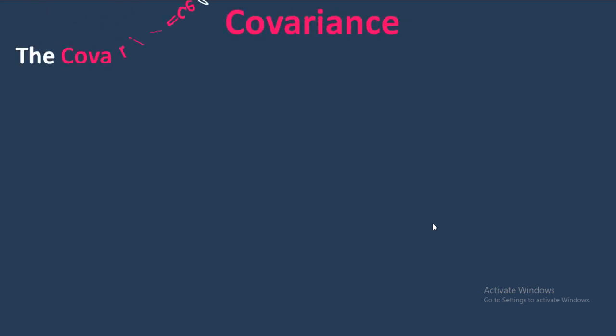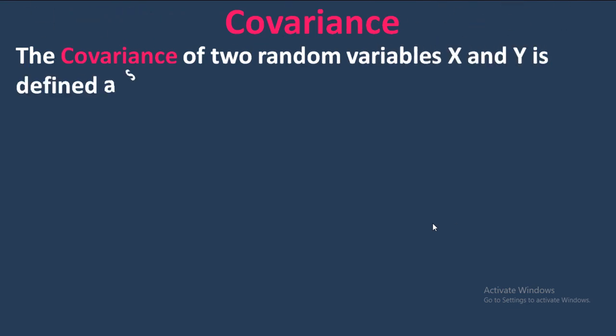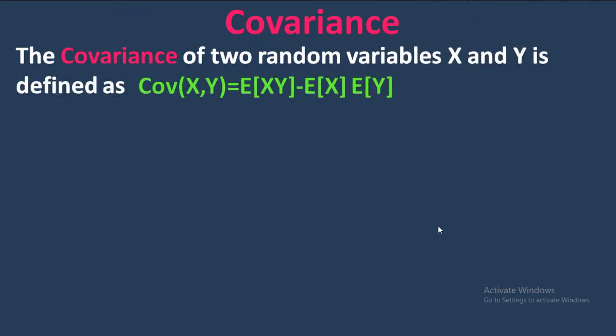Now, we will study the covariance of two random variables. The covariance of two random variables x and y is defined as covariance of x comma y is equal to the expected value of the product of the random variables xy minus the product of the expected values, E of x times E of y.